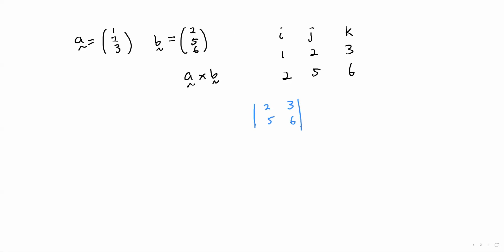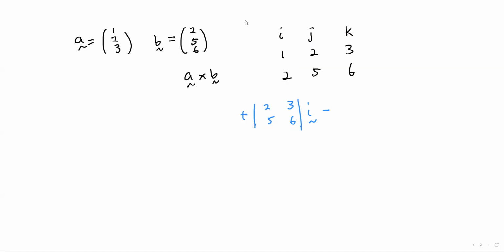What I did here was I covered the first row and the first column. That's how I get the 2, 5, 3, 6 here. After I do that, this is I, followed by minus. It is always plus, minus, plus, so it alternates.